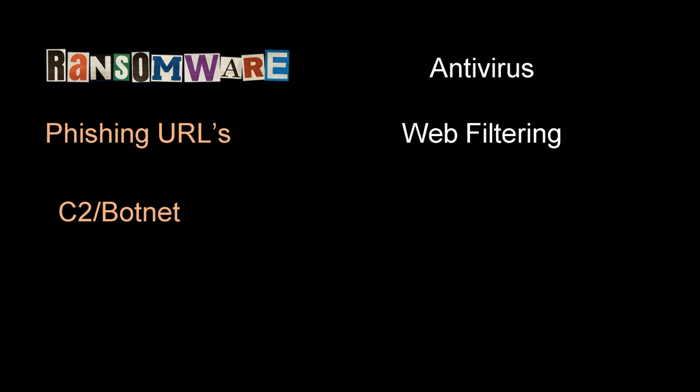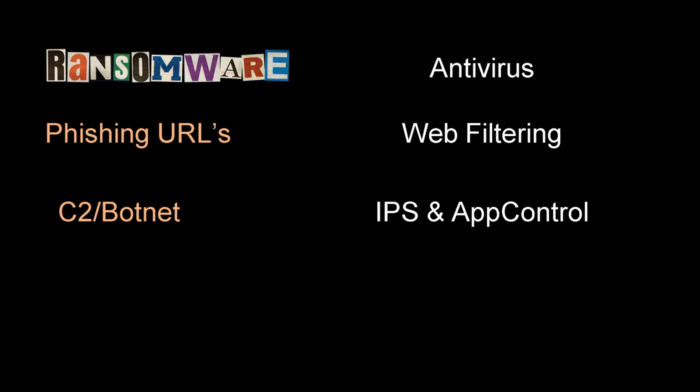Third one is command and control or botnet, right? If the virus has command and control, typically IPS or application control type functions would be the ones that block that botnet activity or that command and control activity.